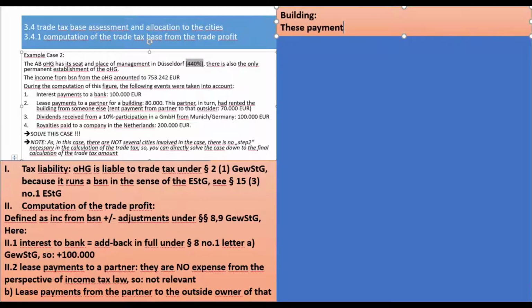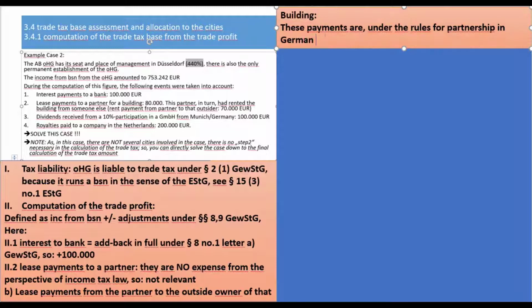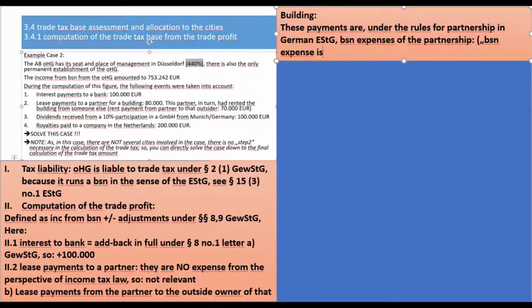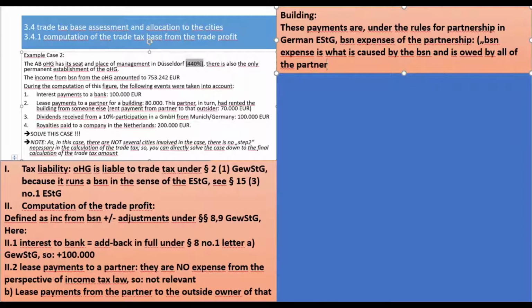These payments are under the rules for partnerships in German ESTG business expenses of the partnership. You remember that business expense is what is caused by the business and is owed by or borne by all of the partners together. That was not the case, or one of them alone, and that is the case here.